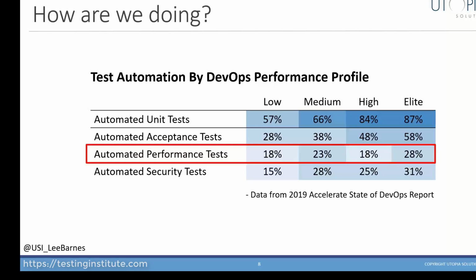And if you read between the lines a little bit in the data, given that performance tests are typically automated, we could infer that only 28% of elite DevOps performers are performance testing at all. And granted, the report isn't very specific if they're referring to just automation, so execution of the test, or also automation and integration into their build process. But either way, there's a lot of room for improvement there.